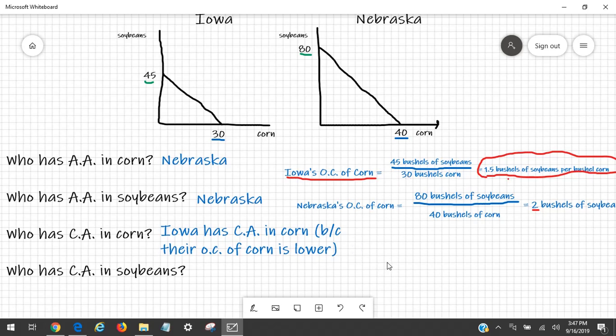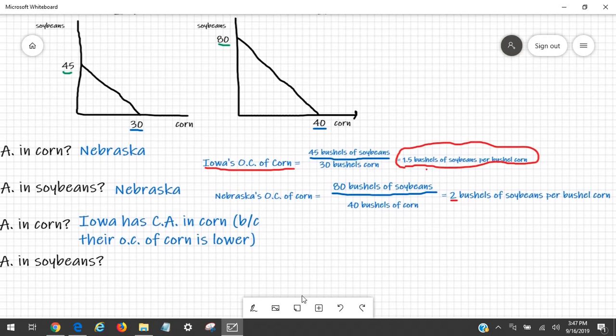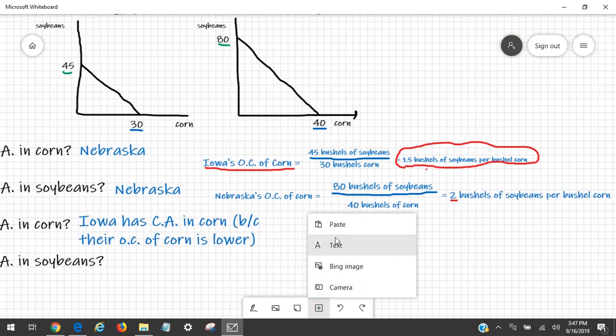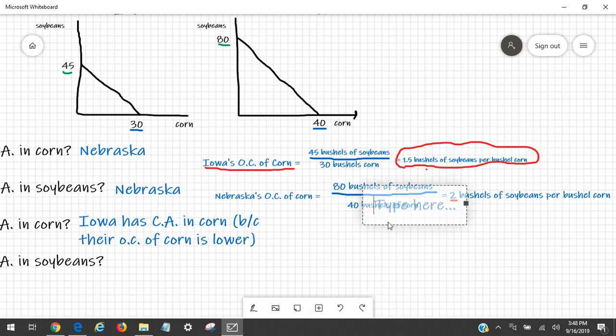Instead of bushels of soybeans over bushels of corn, we're going to have bushels of corn over bushels of soybeans. You can remember that to check your answers: your opportunity cost of corn should be the inverse of the opportunity cost of soybeans. But you don't have to remember that; you can always just do the straightforward calculating.